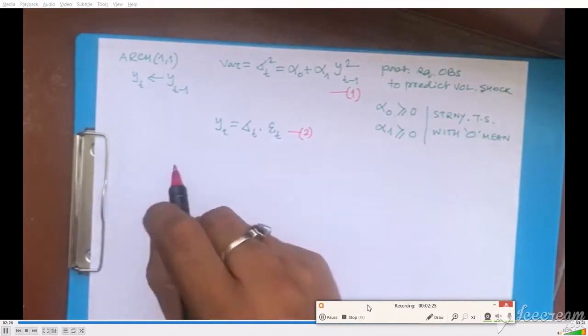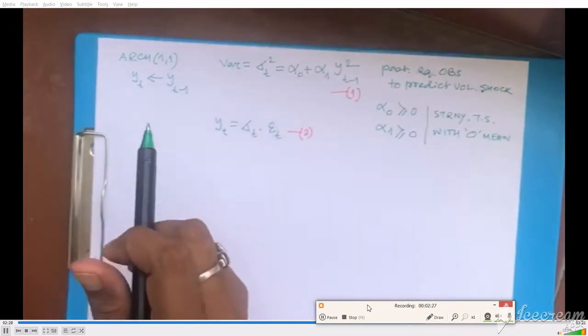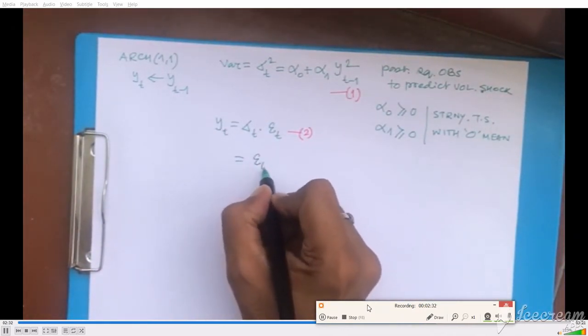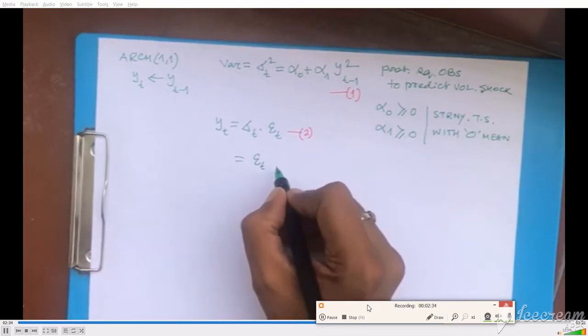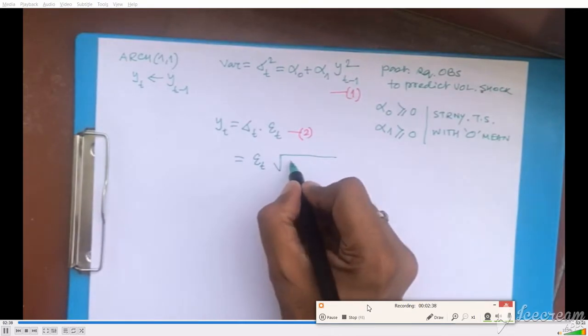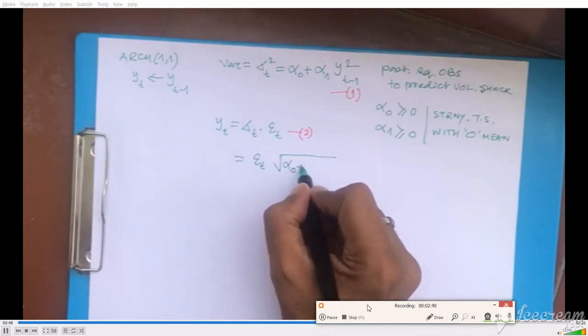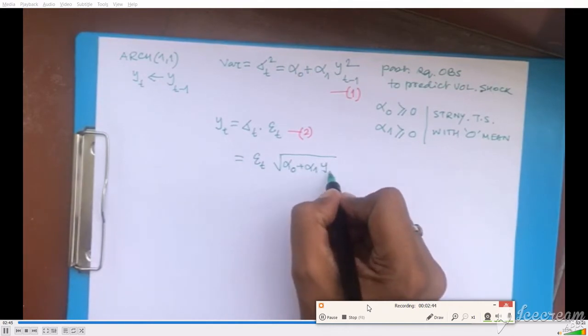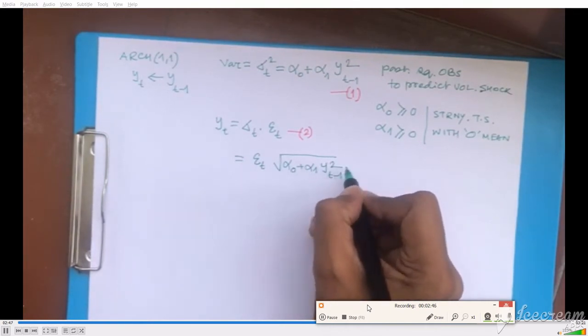So we have calculated volatility square. Now we have to change that to volatility. So let's first write the white noise. Then we take the square root because we have got the square of volatility. So within the square root: alpha 0 plus alpha 1 multiplied by yt minus 1 square.